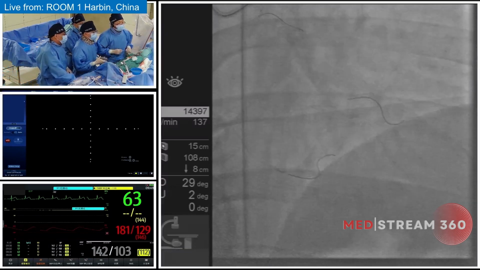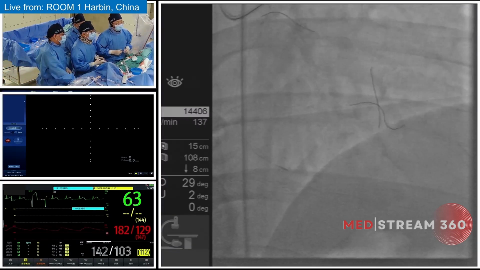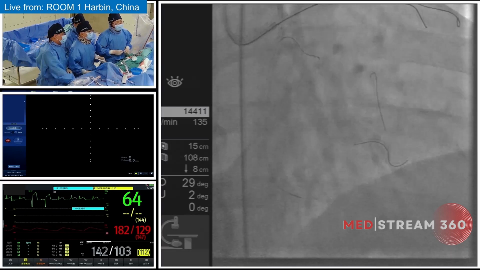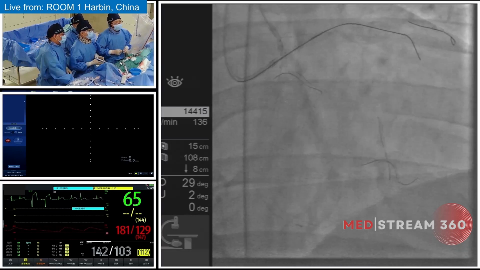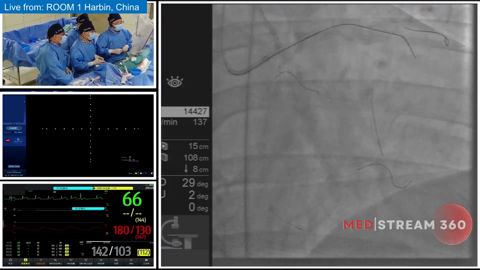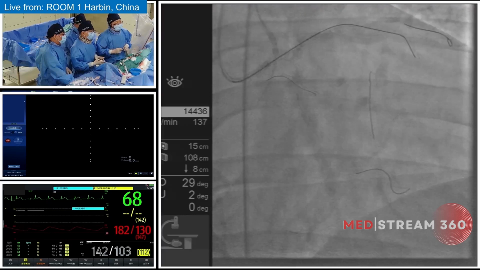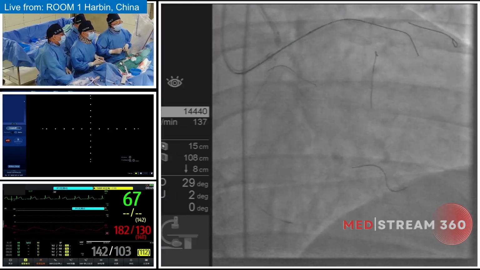Should be this one. Yes. But it's hard to say where its exit point is. Maybe in the proximal portion.